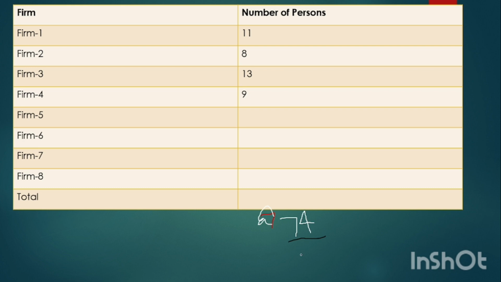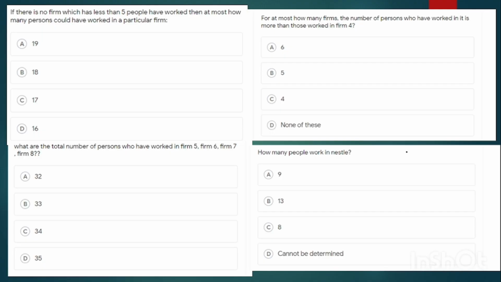So I'll subtract 41 from 74, and the remainder is 33. We don't know how many persons worked in firm 5, firm 6, firm 7, or firm 8. This is how much we were supposed to calculate. So let's go for the questions, since we don't have much more to calculate.